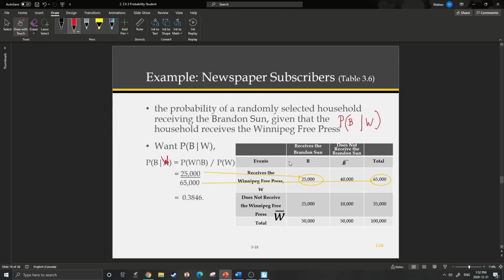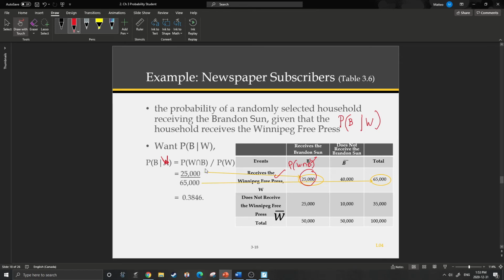Well, the table makes this very easy. This first one, they receive the Brandon Sun and they receive the Winnipeg Free Press. So this is the probability of Winnipeg Free Press and Brandon Sun. It doesn't matter which order you write those letters in, right? It could be B and W or W and B. Okay, just point that out.